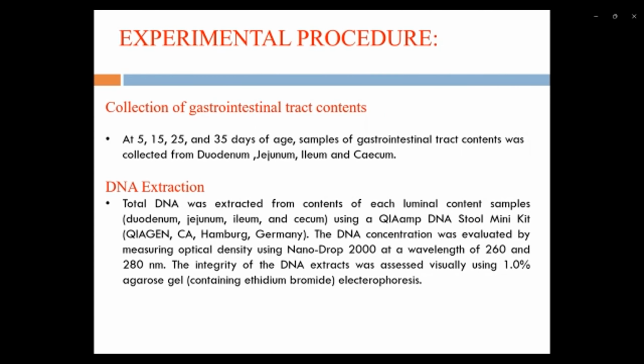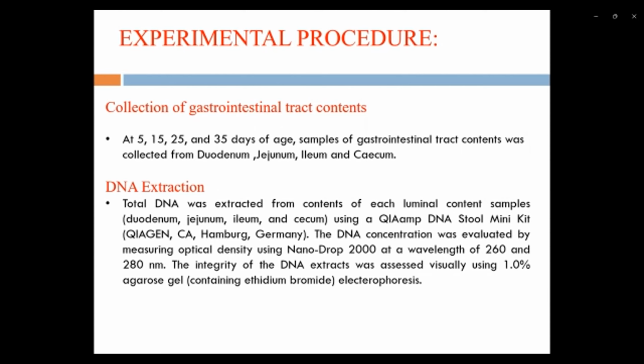To go over the experimental procedure, collection of gastrointestinal tract samples was conducted at 5, 15, 25, and 35 days of age. Samples of gastrointestinal tract contents were collected from 4 intestinal segments: duodenum, jejunum, ileum, and cecum.